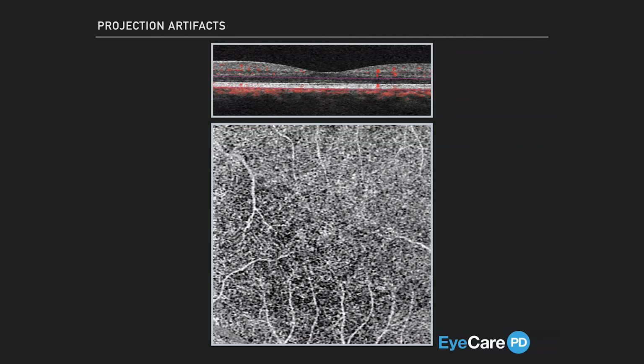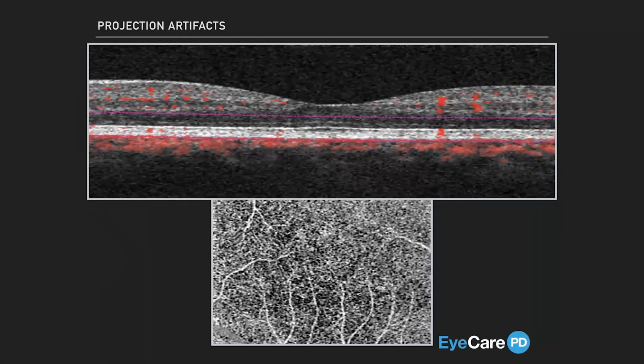Here, you see a slab with boundary lines going from the outer retina to the choriocapillaris. When I zoom in, you can clearly see the purple segmentation boundaries. This is a great slab to use for macular neovascularization detection and is important to get used to viewing.